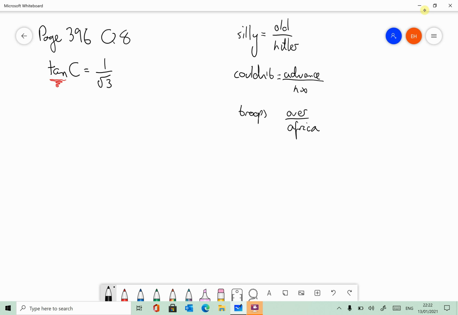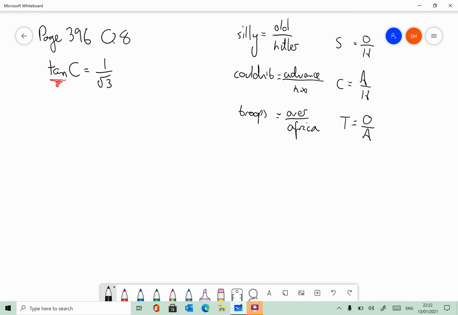From that we get S is equal to O over H, C is equal to A over H, and T is equal to O over A.